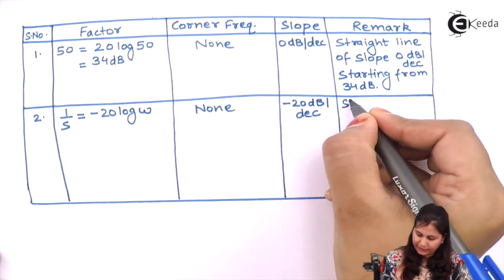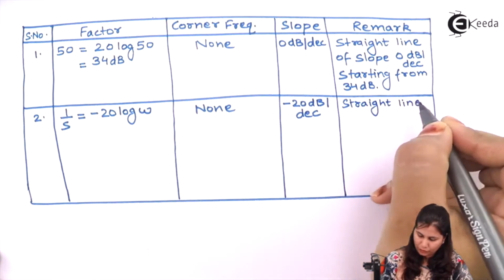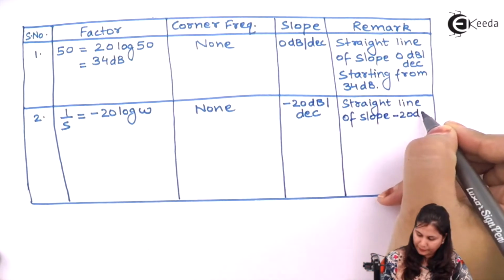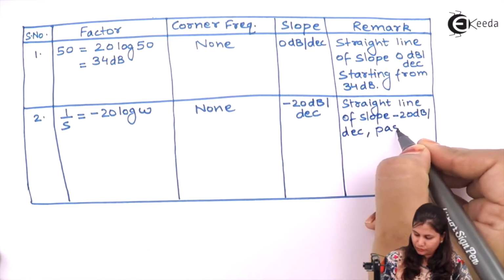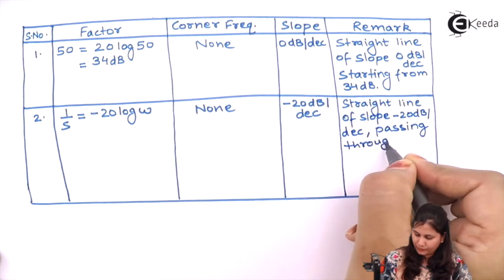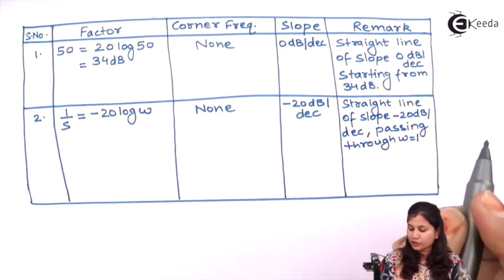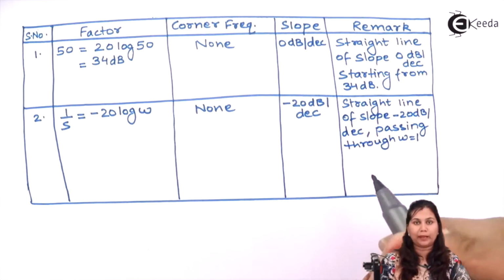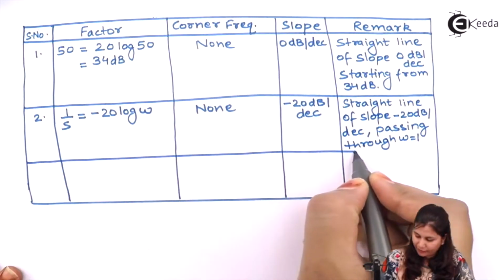It will be a straight line of slope minus 20 dB per decade, passing through omega equals 1. The slope of the straight line will be minus 20 dBs per decade, and this straight line will pass through the point omega equals 1. So this was the second factor.